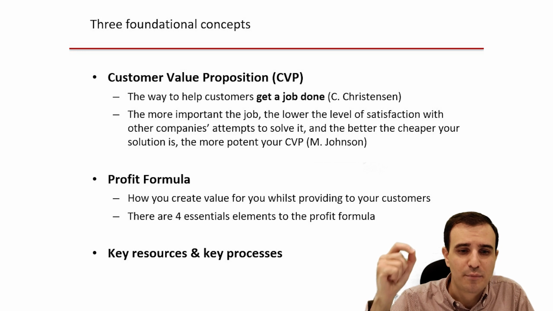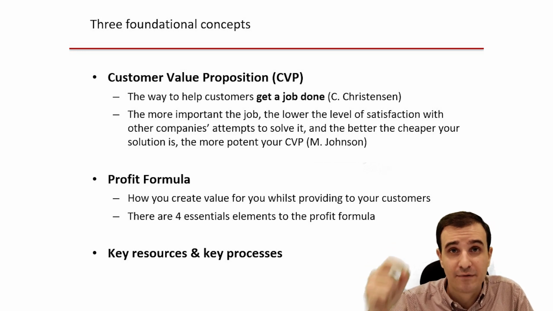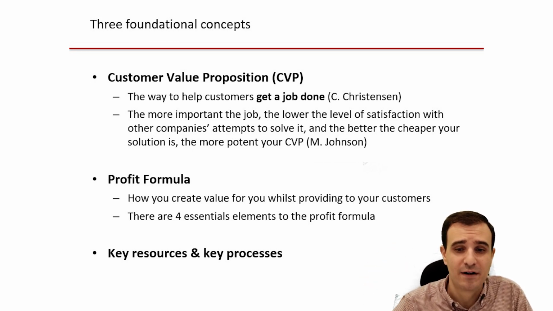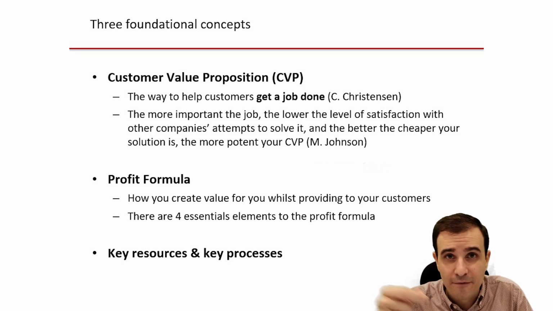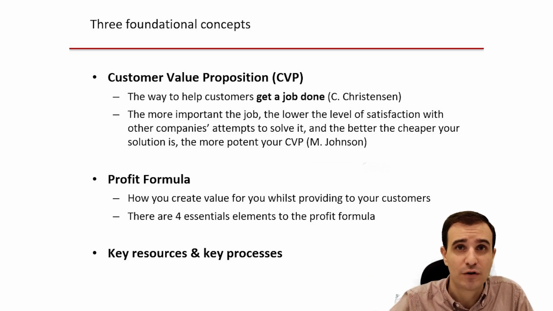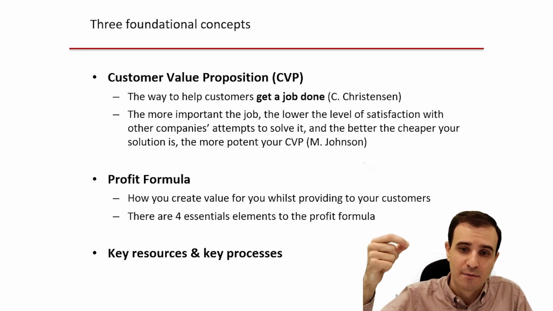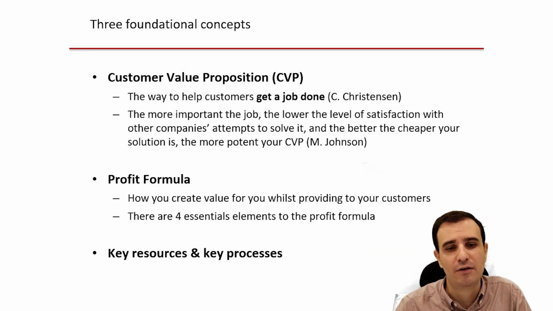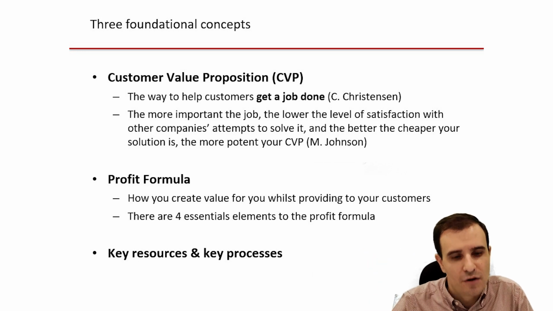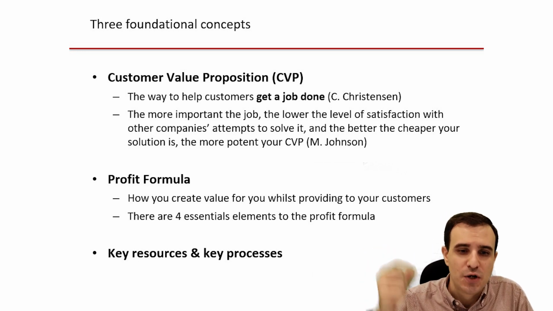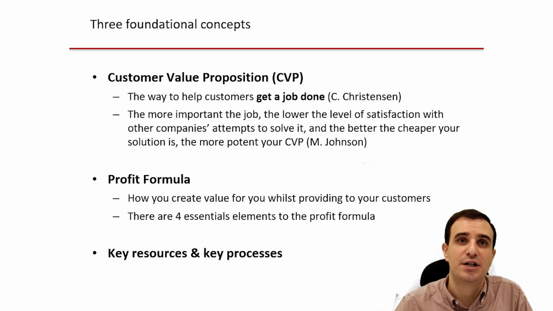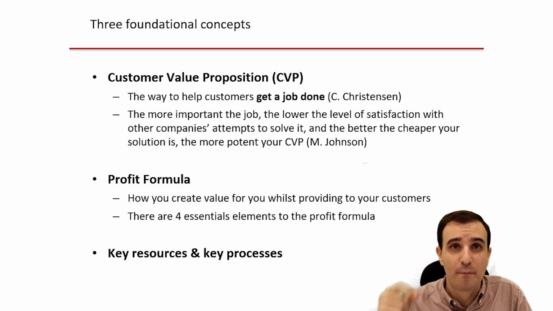So the more important the job, and at the same time, the lower the level of satisfaction with other companies, your competitors, attempt to solve this problem, to get the job done. And at the same time, if your solution is better and cheaper than your competitors, then in this case, your customer value proposition is stronger, is more powerful.